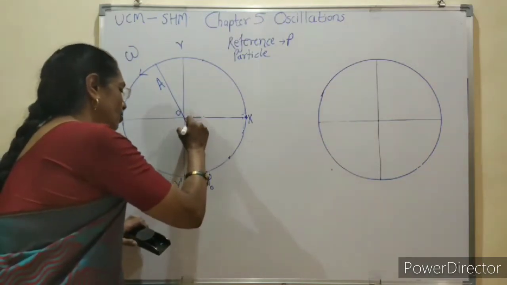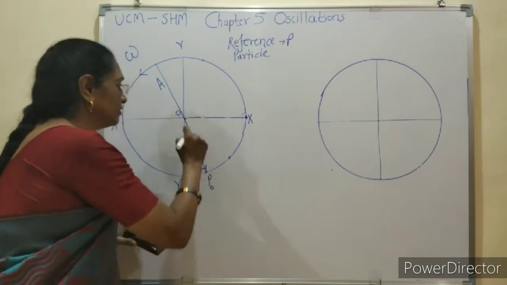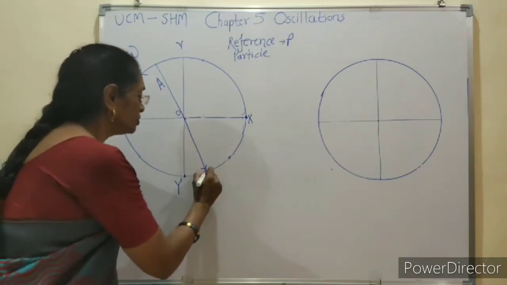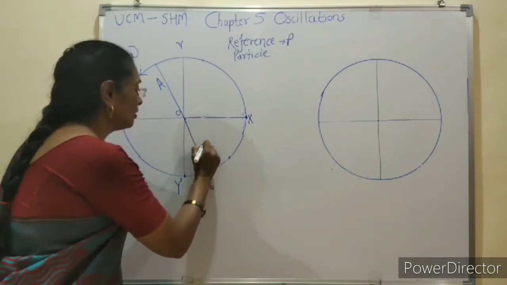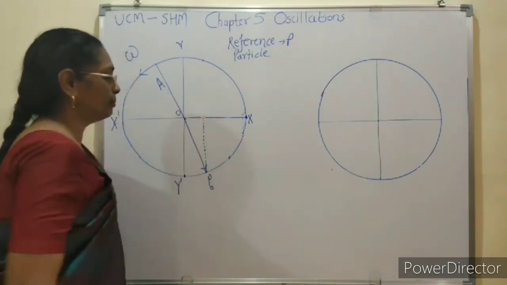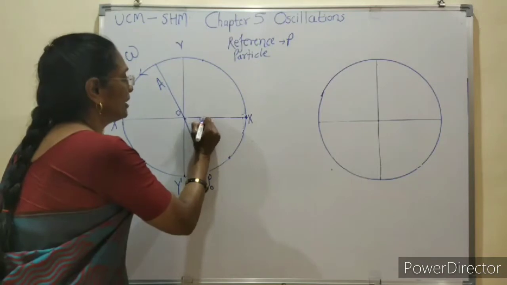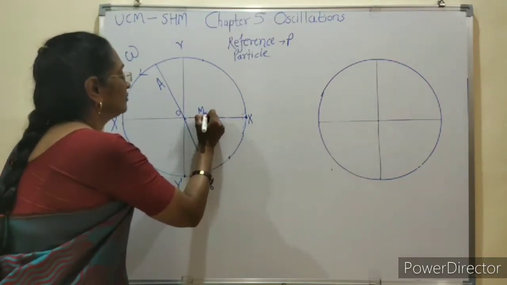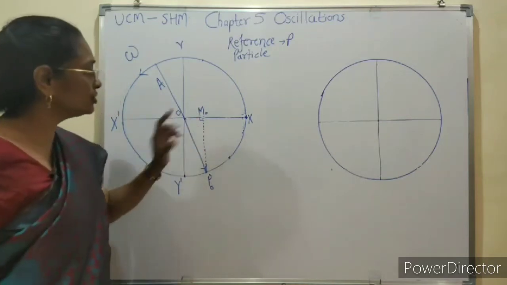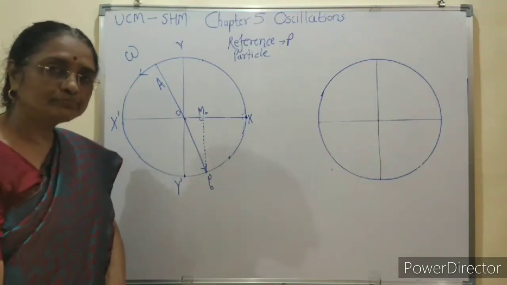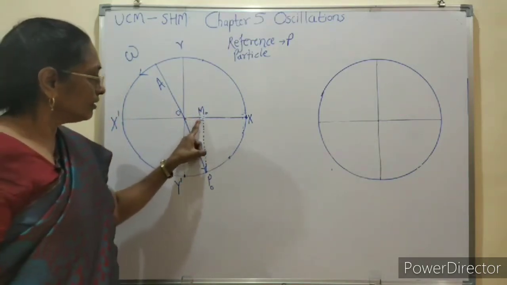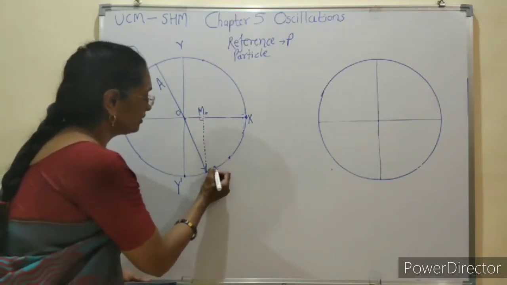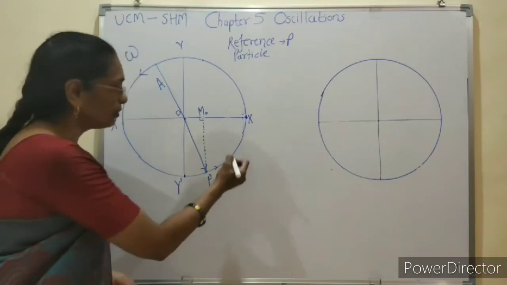We can draw here the position vector OP0. If we draw a perpendicular on x dash, then the foot of the perpendicular is denoted by M0. Now the particle is continuously revolving.